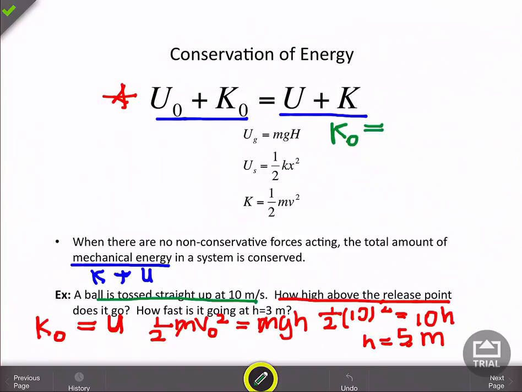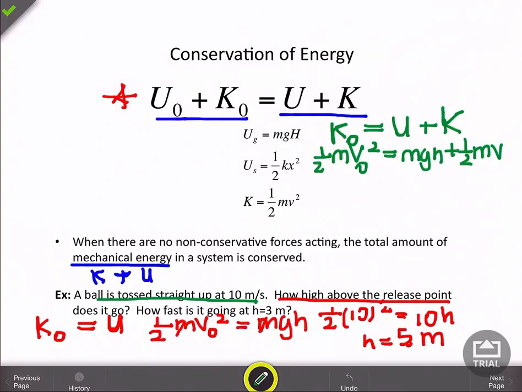At a height of 3 meters, that's somewhere between the lowest point and the highest point. So we're going to have both potential energy and kinetic energy. So I can plug in my formulas. 1/2 mv initial squared is equal to mgh plus 1/2 mv squared.